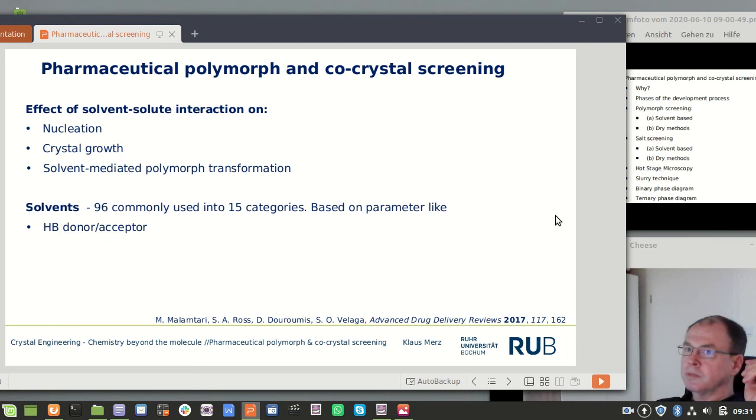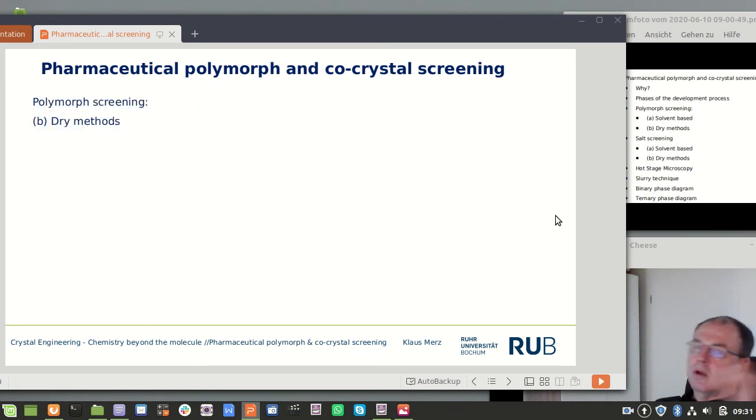Now have a look at polymorph screening by mechanochemistry, so dry methods. Why is this interesting? Well, first, thermal activation is very interesting. You want to know at which point, for example, your compound melts or crystallizes.